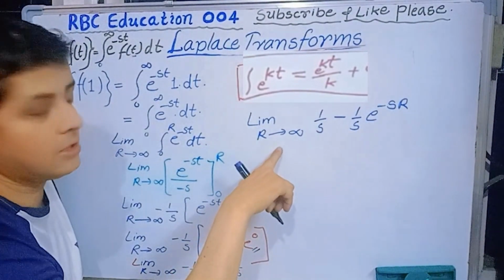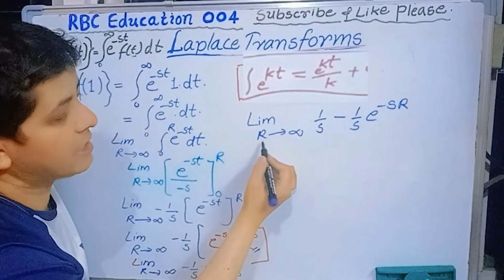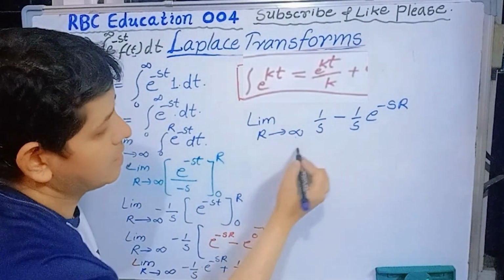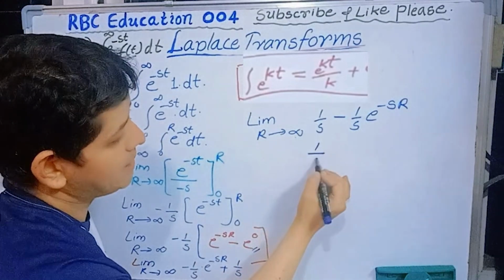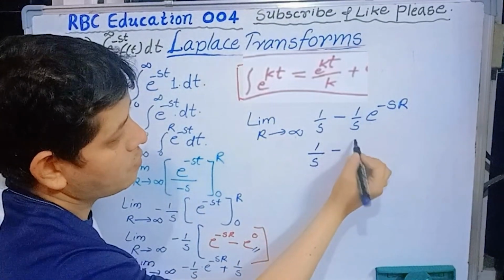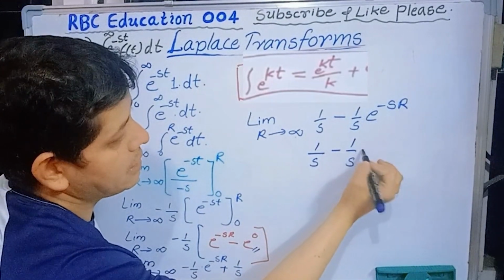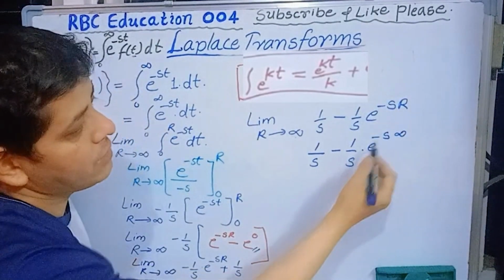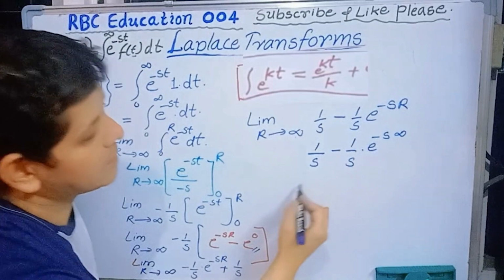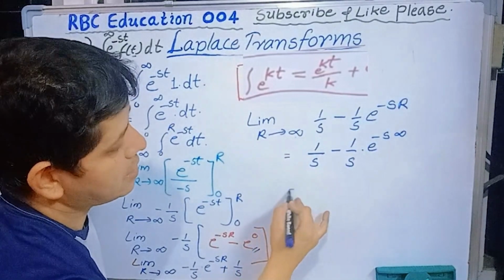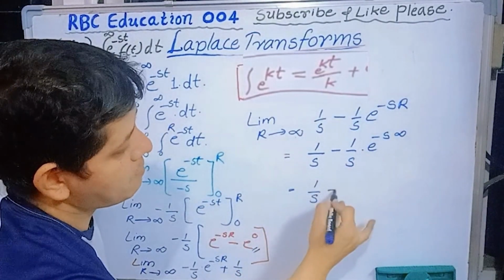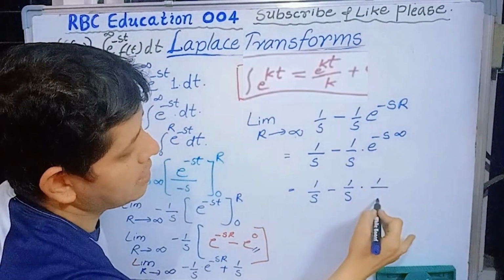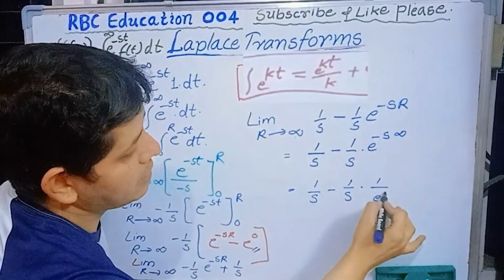Now let's replace r with infinity. It becomes 1/s minus (1/s) times e^(-s·infinity), which is 1/s minus (1/s) times 1 over e to the power of infinity.